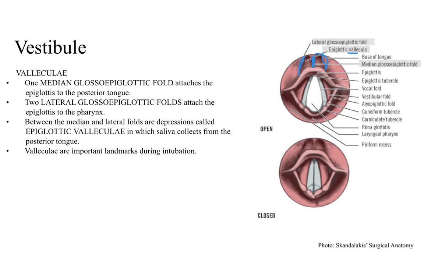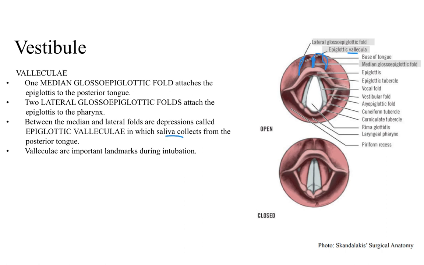What those valleculae do is they collect saliva from the posterior tongue and actually will inhibit the swallowing reflex as a result. Why it inhibits the swallowing reflex has to do with the timing of the bolus of food entering into the area and the closing off of the epiglottis, so that swallowing can occur, that we're not going to get into in this class.